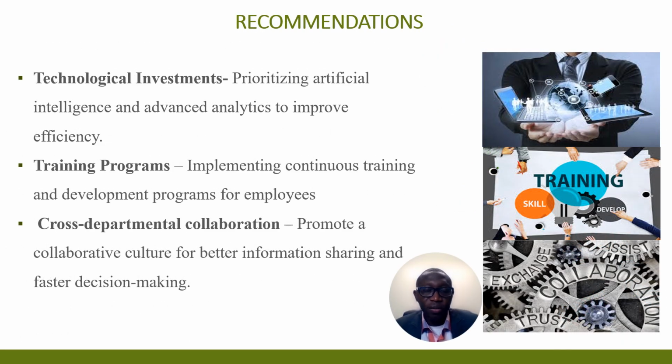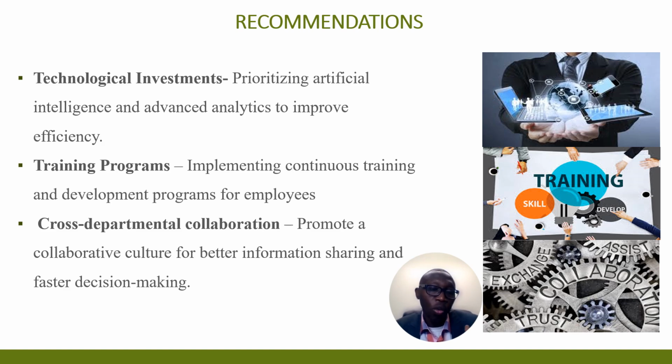As we proceed, we arrive at the recommendations to the department and JP Morgan as a whole. The recommendation is that the company should prioritize artificial intelligence and advanced analytics to improve efficiency. That means investment in technology.